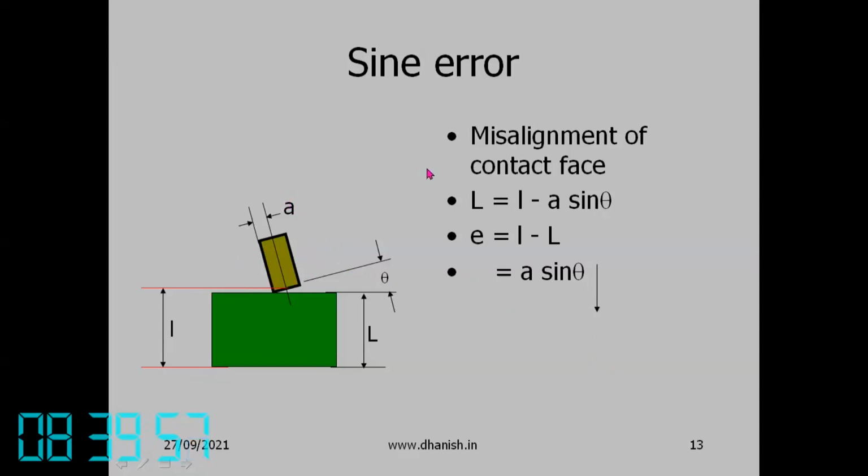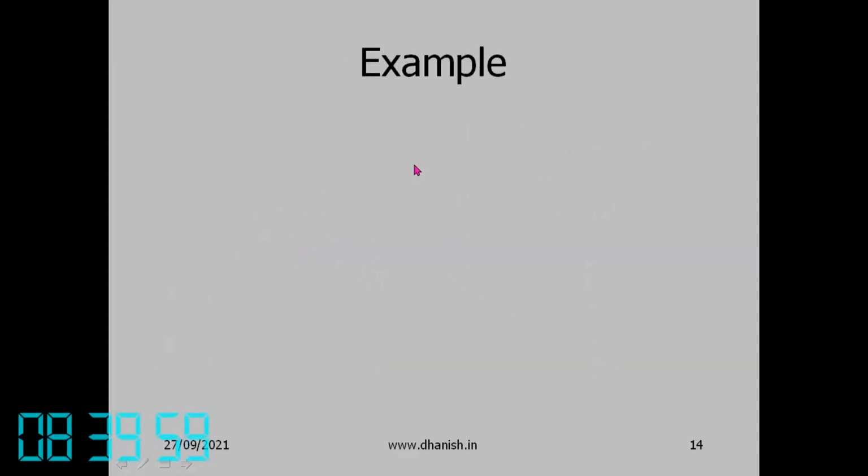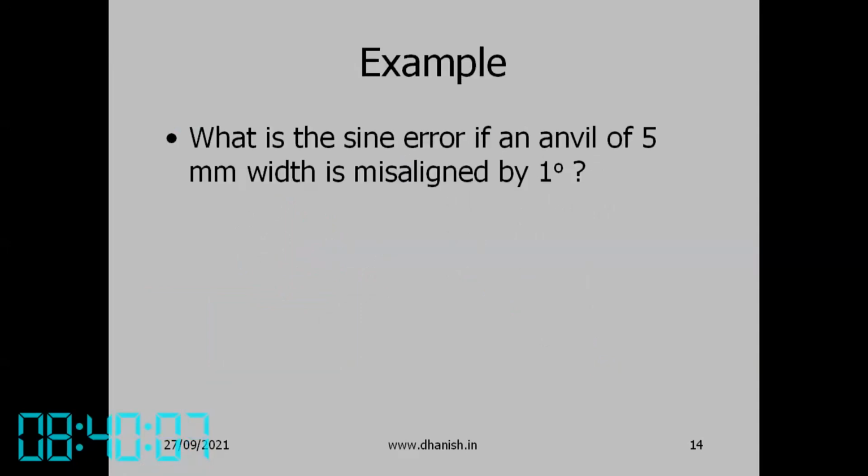Now let us do a problem using sine error. What is the sine error if an anvil of 5 mm width is misaligned by 1 degree?